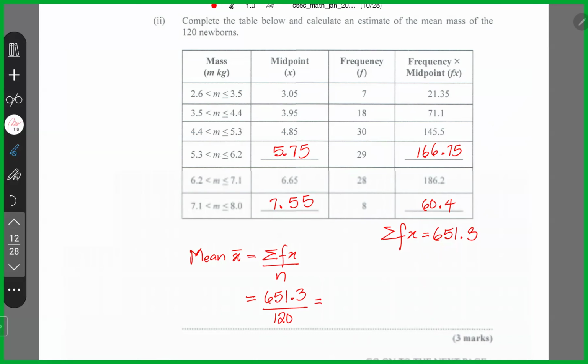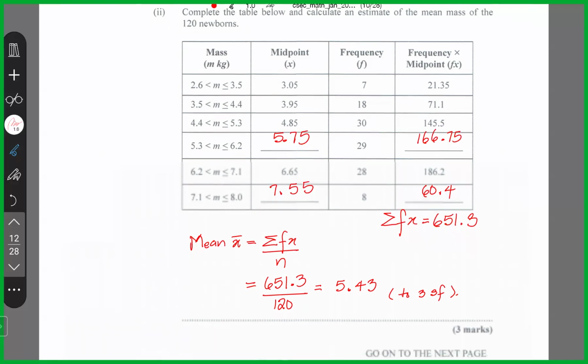So the mean is 5.43 kilograms to 3 significant figures.